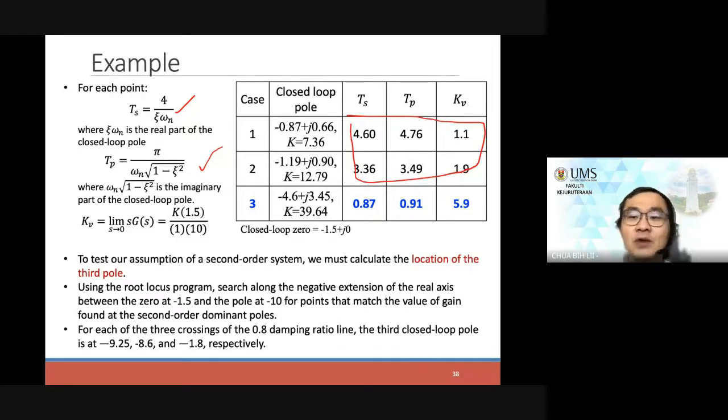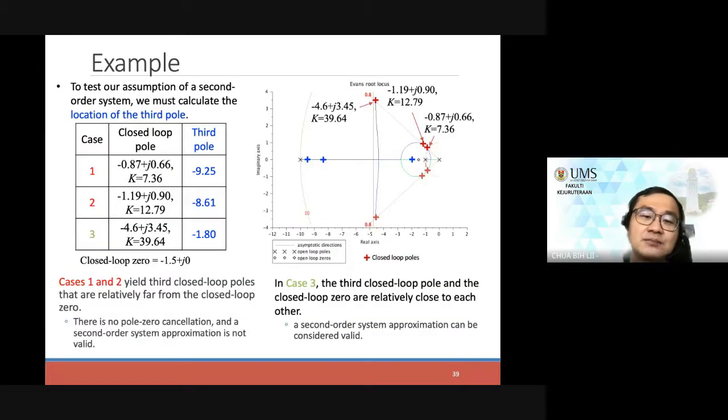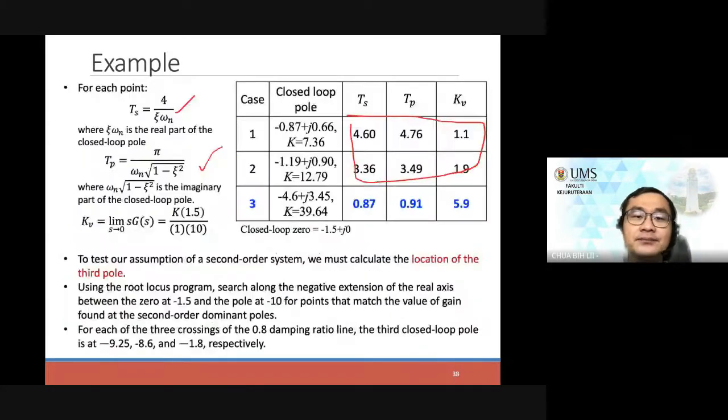And the one that we realize can be approximately good to the second order system would be this one, the third one. Therefore this value is much better, much closer to what we expect when we do the calculations. For this one, it may be far away from what is expected for the settling time.